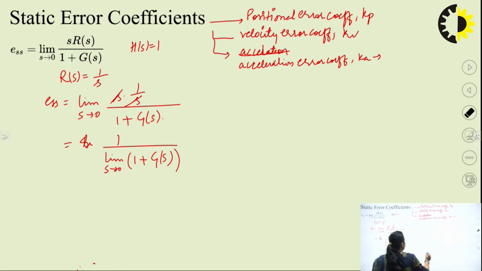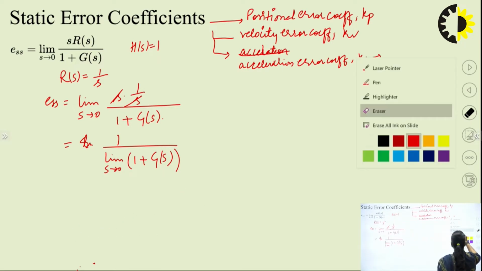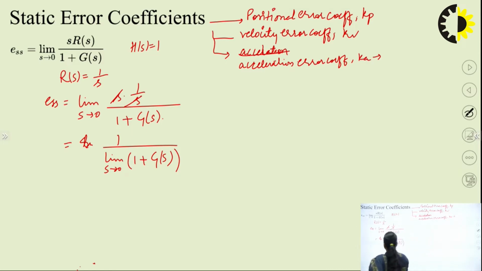Only this limit goes with the s term; this is the constant. So I can write it as 1 upon 1 plus limit s tends to 0 of Gs.